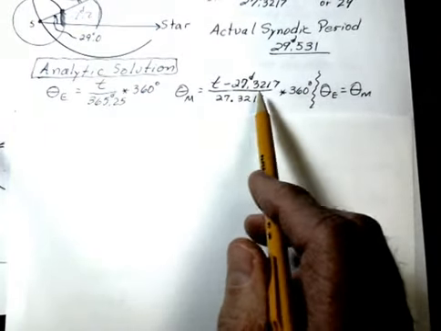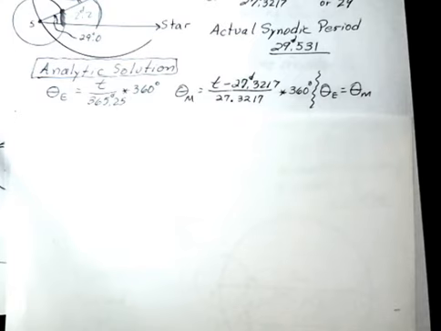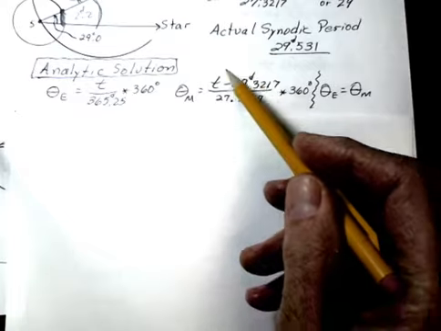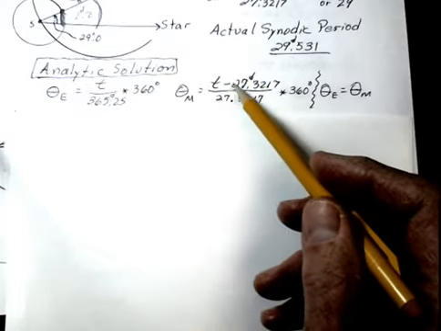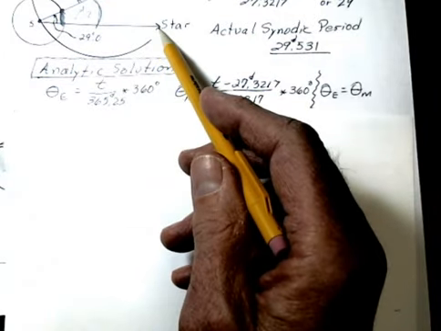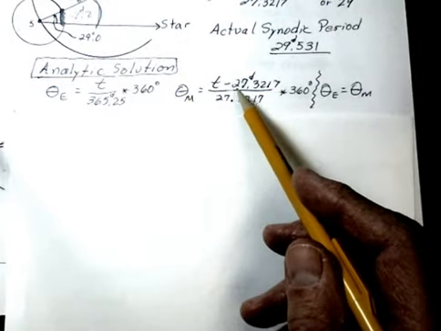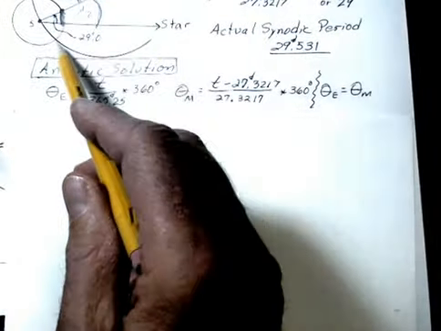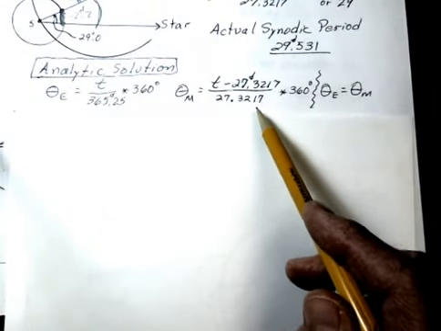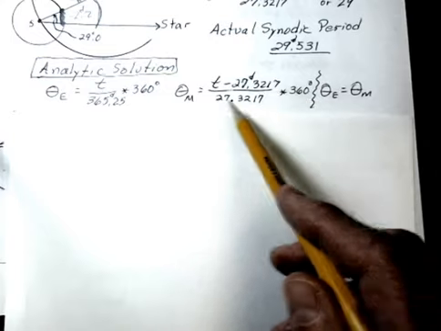So I have to subtract off the sidereal period. Again, ask your instructor if you have questions on that. So this will be the number of days we've advanced past our alignment with this star, with our reference star. The subtraction takes care of that, takes care of the moon looping around. So divided by 27.3217 times 360, we get the angle of the moon.